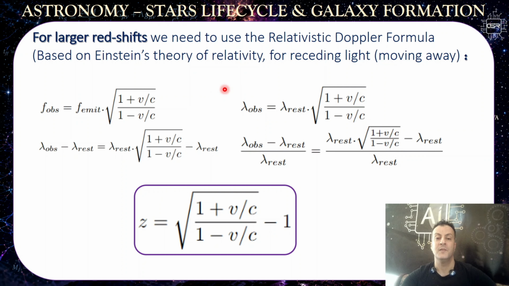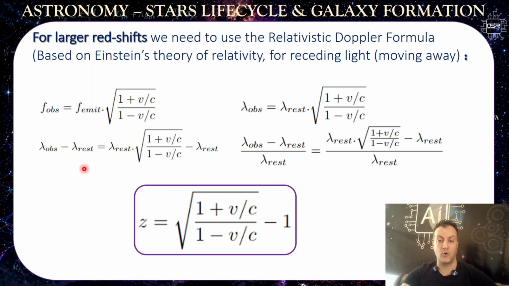Now we need to make some changes to this formula to extract from it the redshift. So what is the redshift anyway? What is z? The redshift is lambda observed minus lambda at rest divided by lambda at rest, or delta lambda over lambda at rest, which is the original wavelength of the signal.